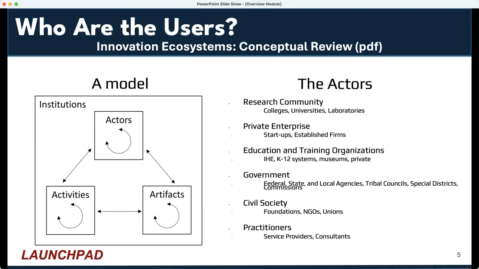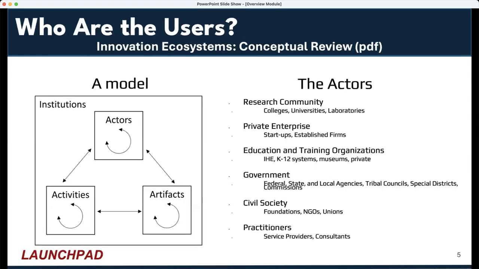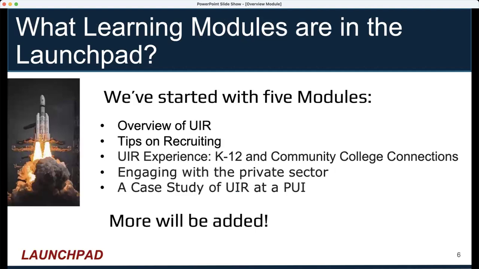And then you've got a series of potential actors: research community, private enterprise, education and training, government, civil society, and practitioners. Based on the profile that you have in the values balance, you will select actors that are most relevant.